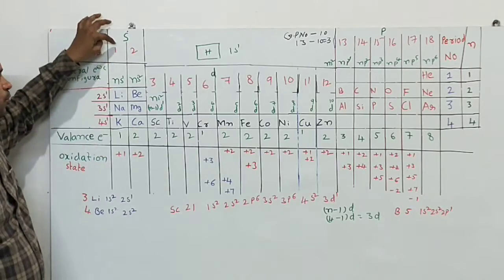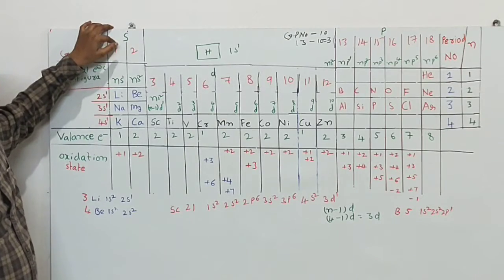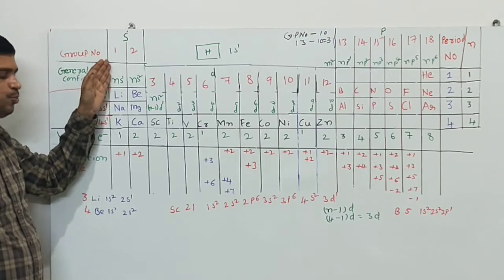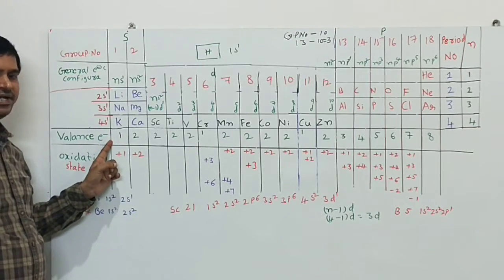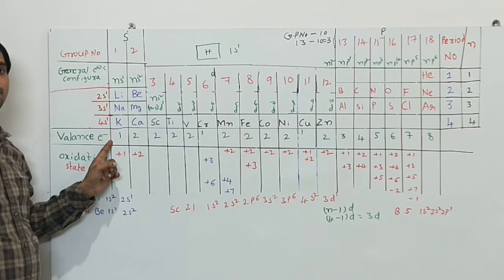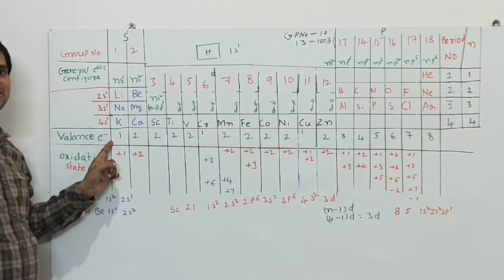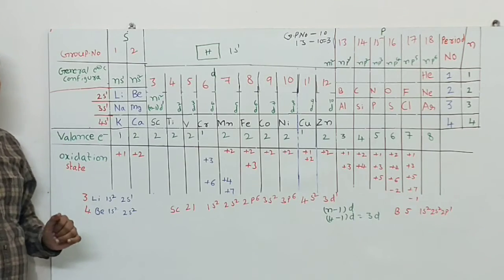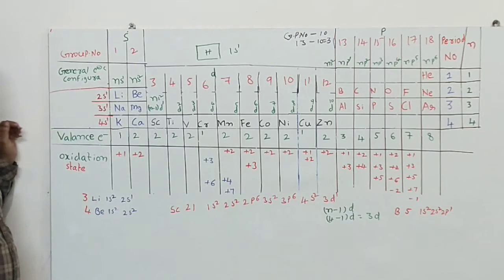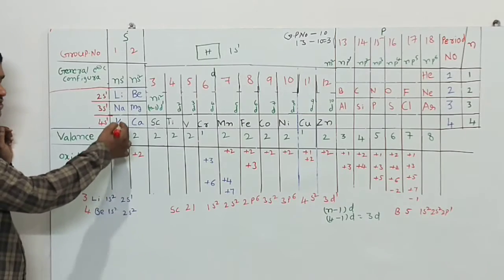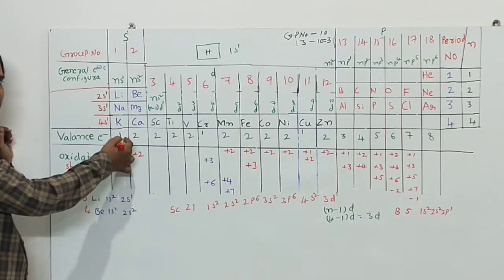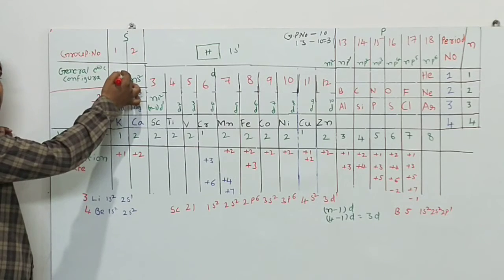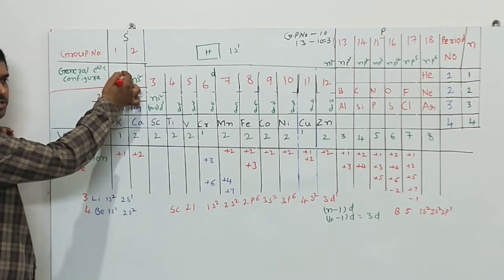See here, group number 1: the number of valence electrons present in the elements of this group is 1, and the maximum positive oxidation state exhibited by these group elements is +1. Now we see general electronic configuration. These elements have 1 valence electron, so the general electronic configuration of the first group elements is ns1.